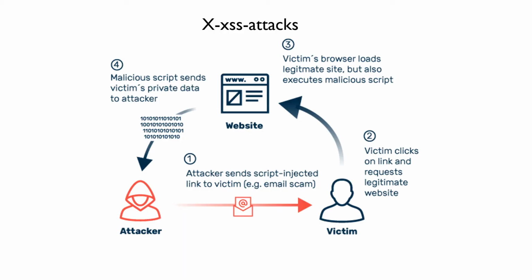Now the second one, which is cross-site scripting, is where the attacker is able to inject a script into a link and send it to a victim. For example, an email scam. If the victim opens that link, it requests a legitimate website to open up. In that case, it could be our website.